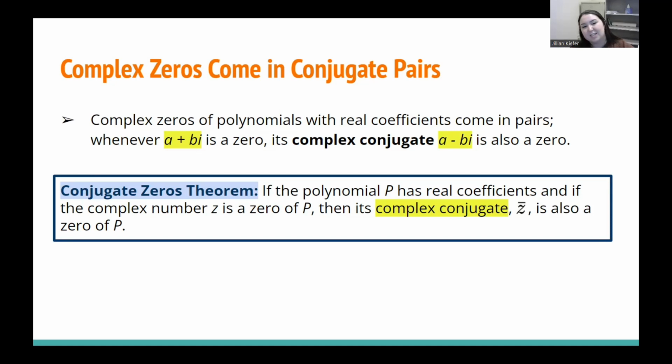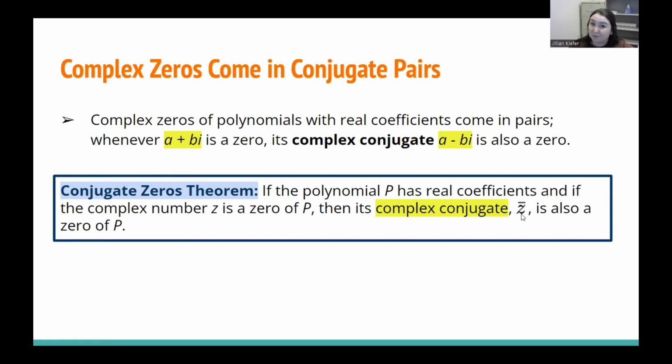So the conjugate zeros theorem is the same thing as we just said. It's just the book definition. We say that if the polynomial p has real coefficients, and if the complex number z is a 0 of p, in this case, z would be like a plus bi, then its complex conjugate, which we call z bar, has a bar above the z.